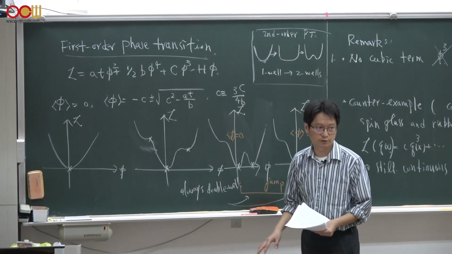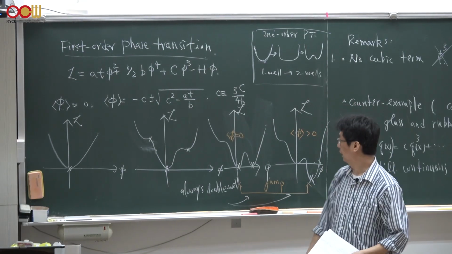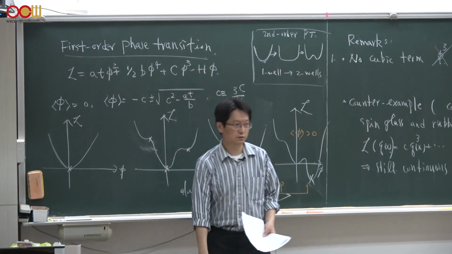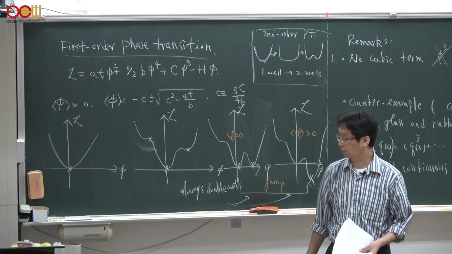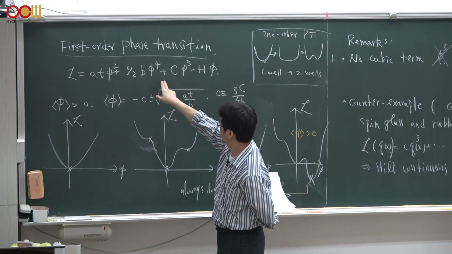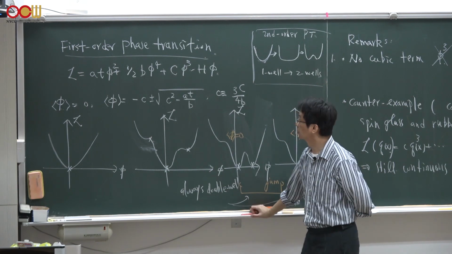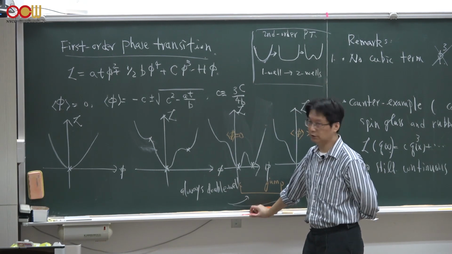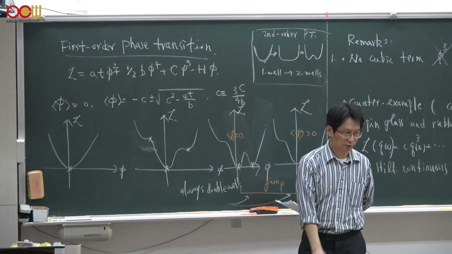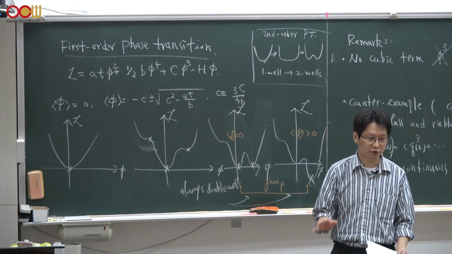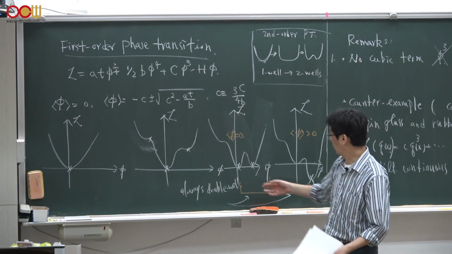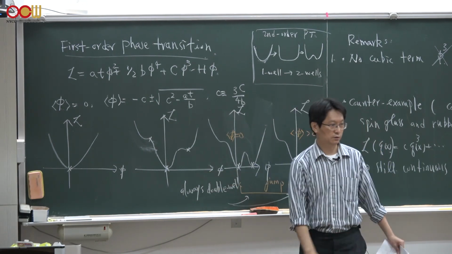Let me summarize what we have on the first order transition. I didn't discuss the negative side of phi in terms of the Landau free energy density plot. Remember, when we solve this equation in the presence of the field and the cubic term, in general there are three solutions. I only discussed two of them: the solution at 0 and the solution on the positive side of phi.